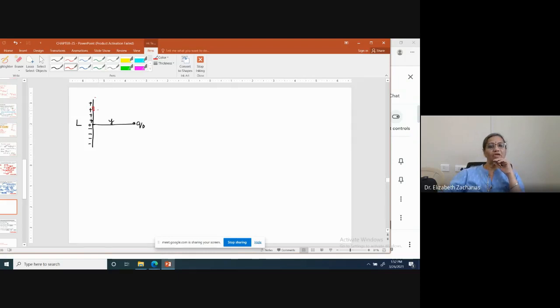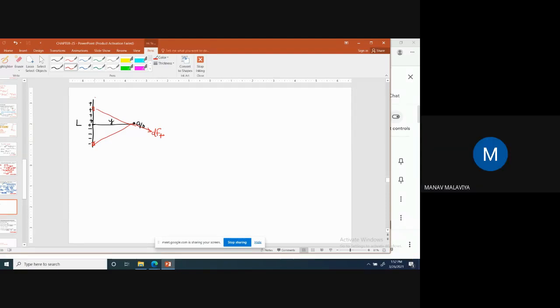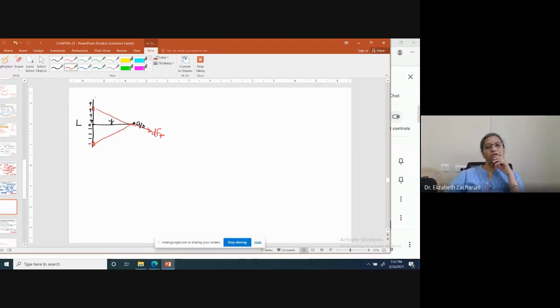Immediately, an element you take, then tell me what will be the direction of the force. I will call this force as dF plus because it's coming because of the plus charge. On this direction, if I draw, what will be the direction of the arrow for the mirror element? Attractive. Therefore, this. So I will call it dF minus.